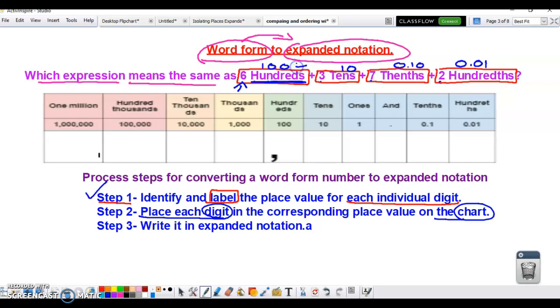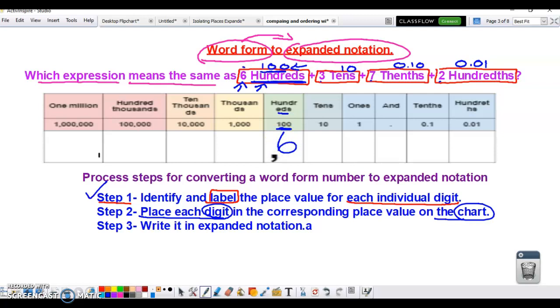The first clue is the label that you place on top, and the second clue is the word form right below that. So I can tell just by looking at it that if it's in the hundreds, well, I know it's not tens, ones, tens. Here's hundreds. And there's also a clue because I can see it in standard form and I can see it in word form. So I know that the number 6 belongs in that particular spot in the place value chart.